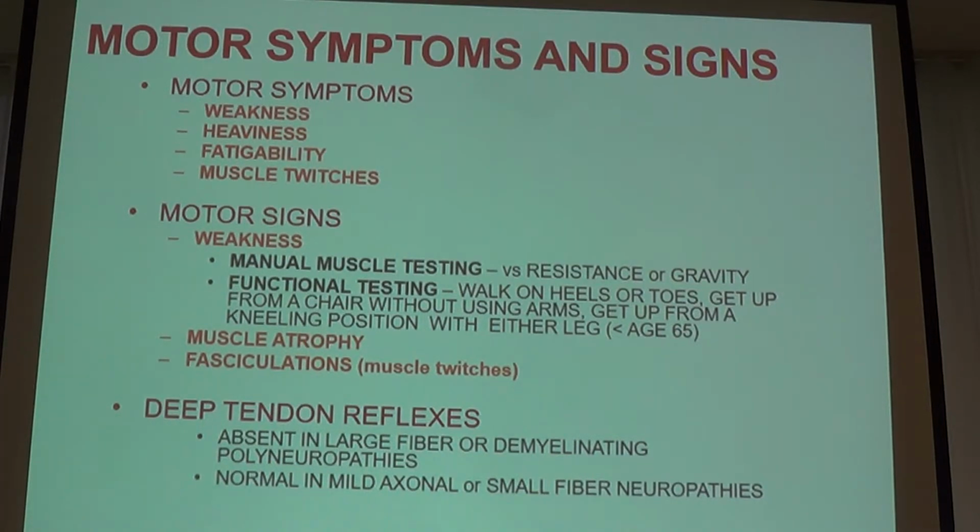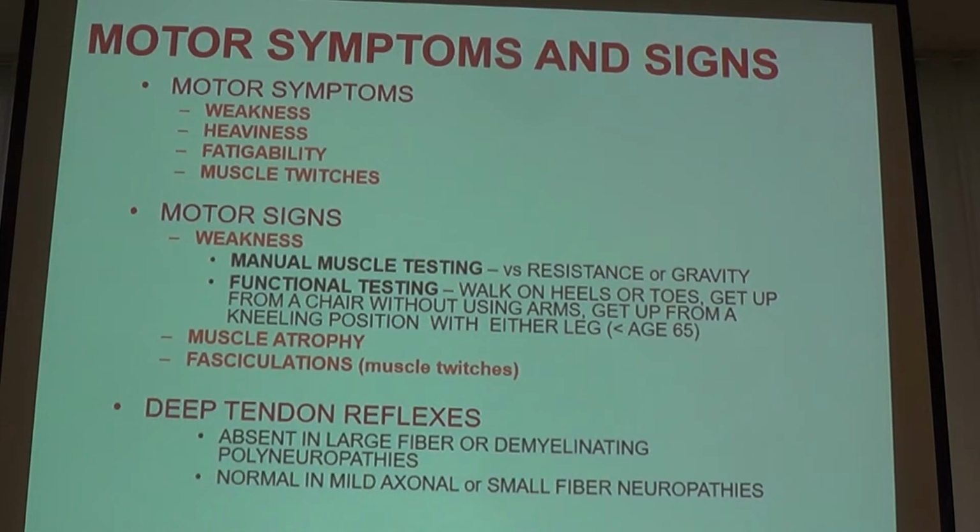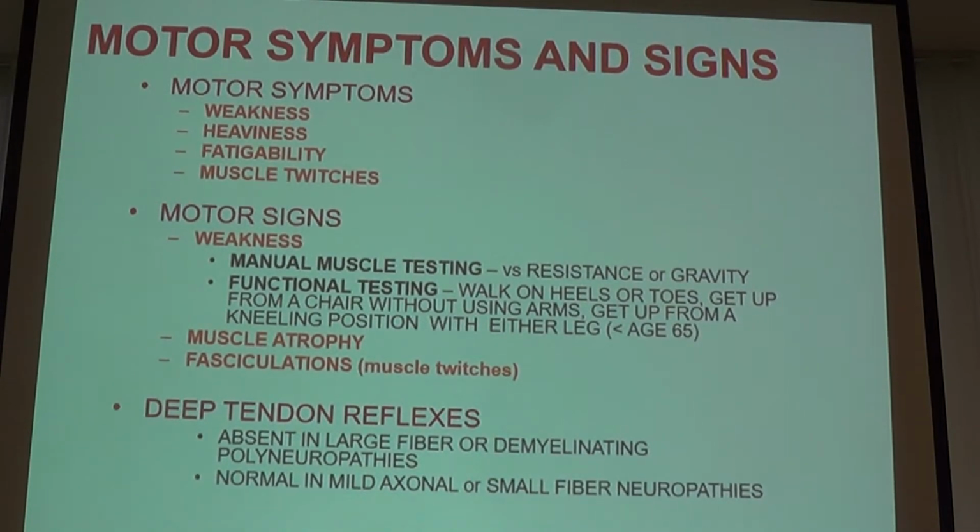So different symptoms have different abnormalities on examination that go along with that. And based on the combination of symptoms and signs, we can localize a lesion and try to develop a differential diagnosis.